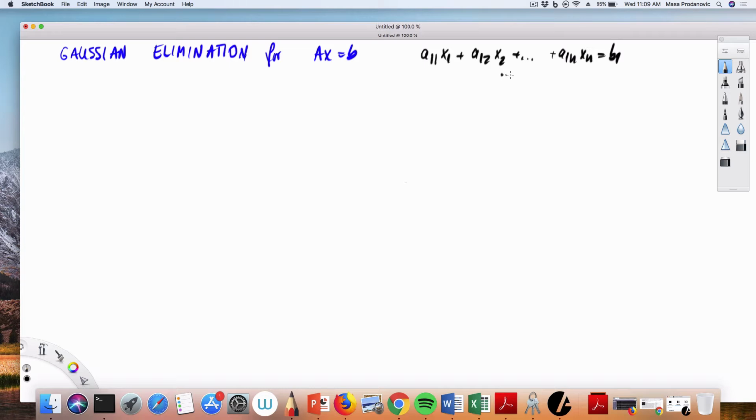I will not write the second one, I will just write this last one. So I have n equations, n unknowns, and I know the coefficients A11, A12, A1n. I'm tabulating them into a matrix, okay?